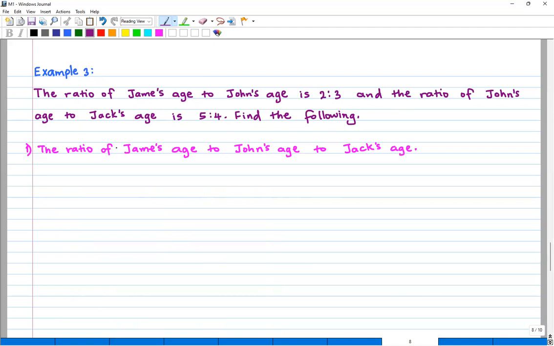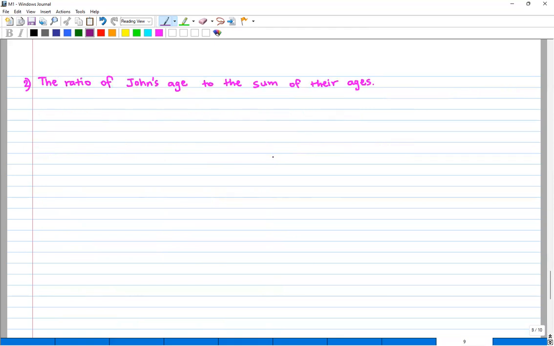Find the following. Number 1, the ratio of James's age to John's age to Jack's age. Then the ratio of John's age to the sum of their ages.